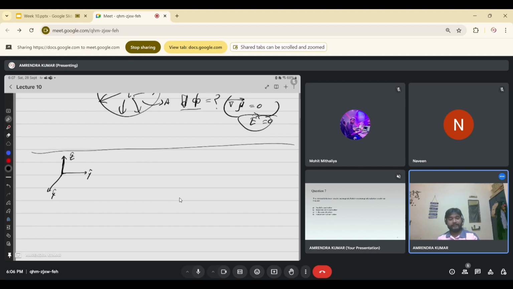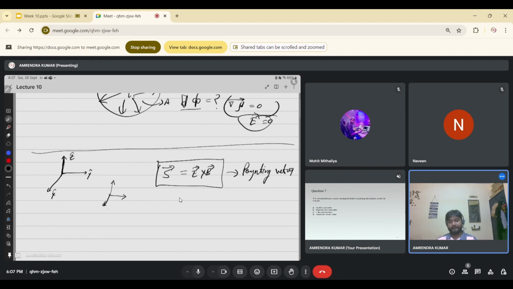And for the propagation direction, we have seen that S is equal to E cross B. This is called the Poynting vector. This Poynting vector gives you the direction in which the electromagnetic radiation is propagating.